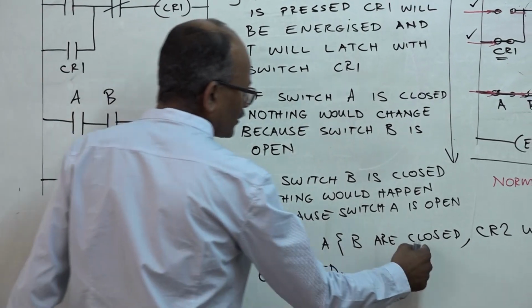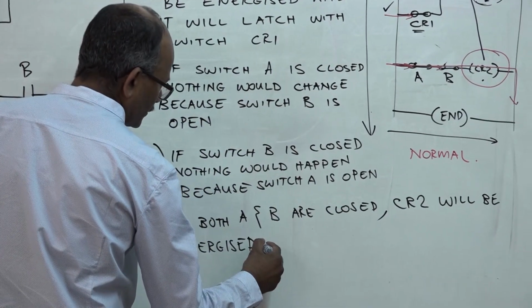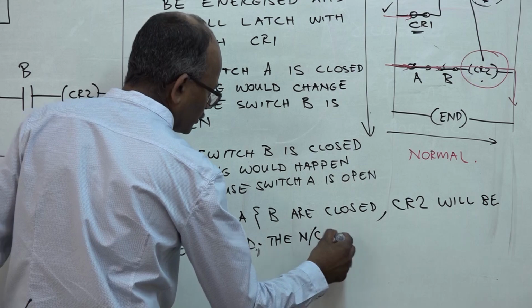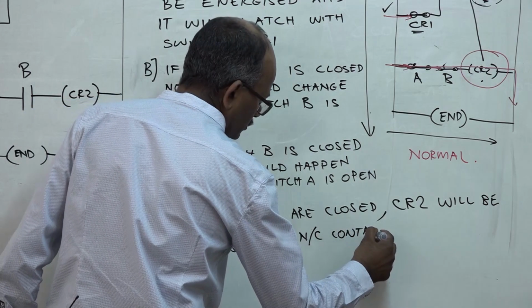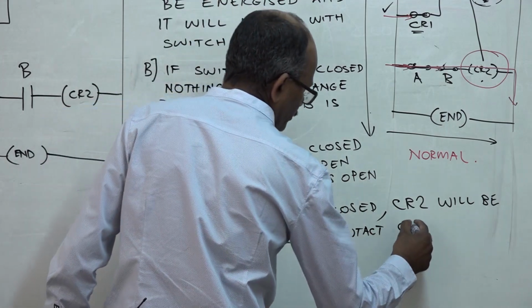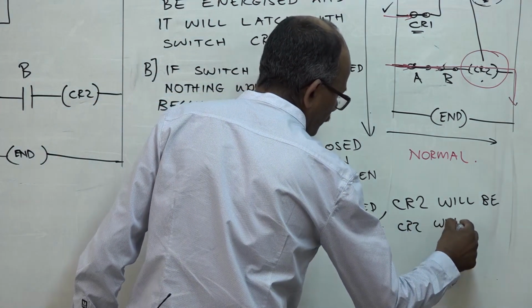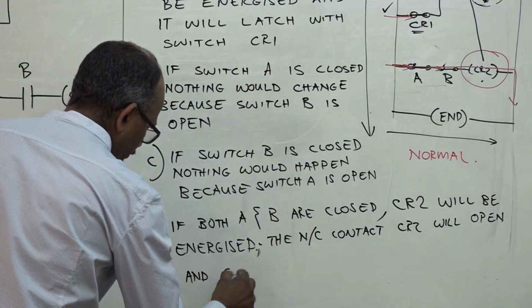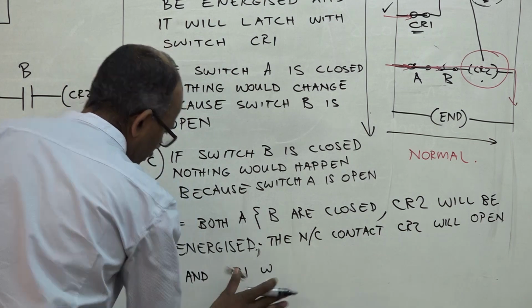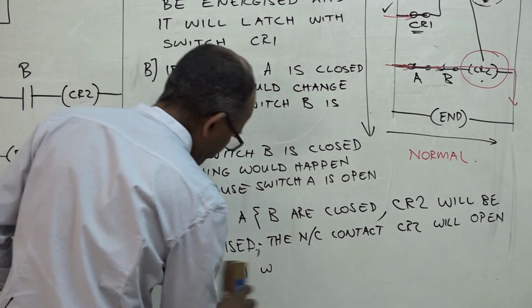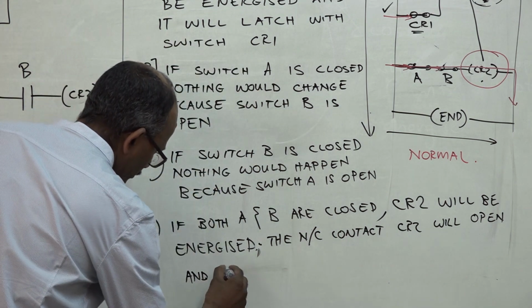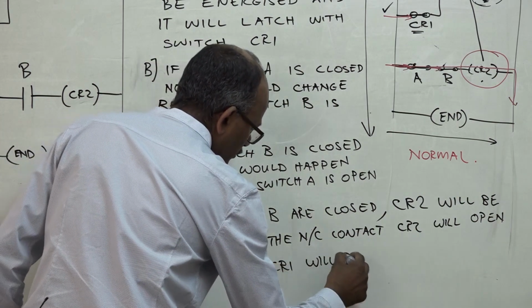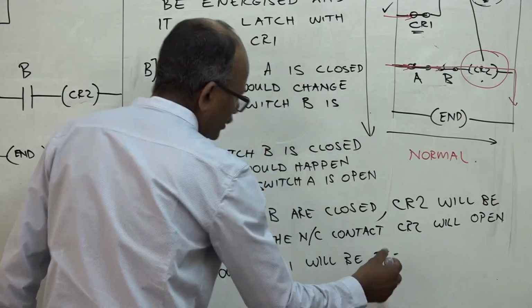So if both A and B are closed, CR2 will be energized, full stop. The normally closed contact CR2 will open, and output CR1 will be de-energized.